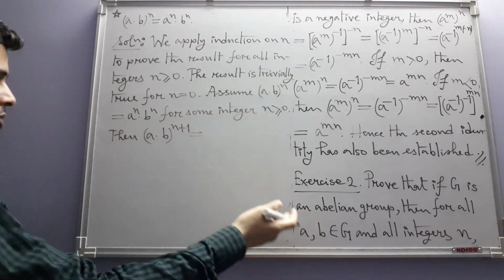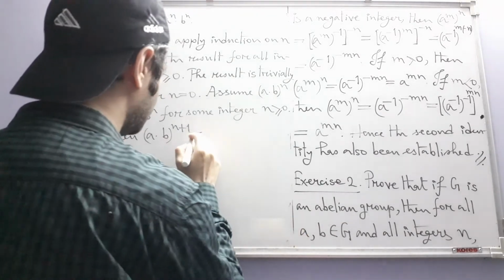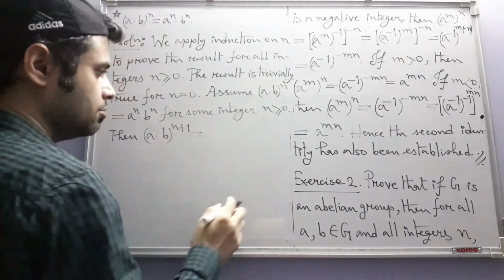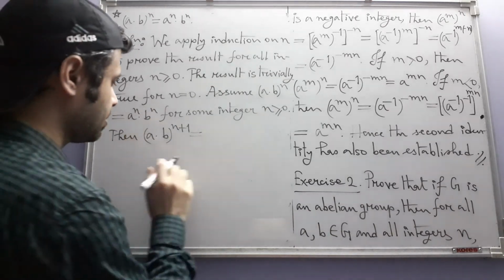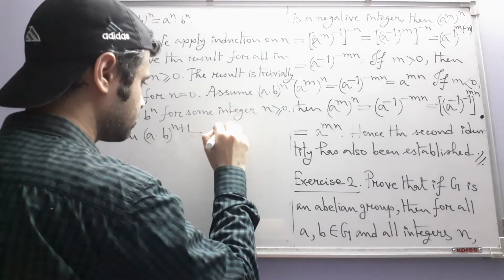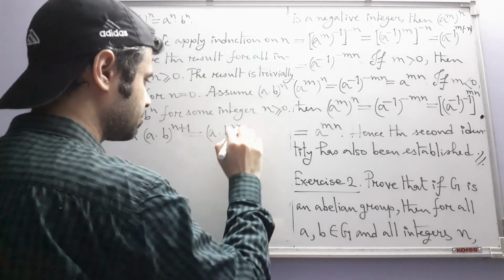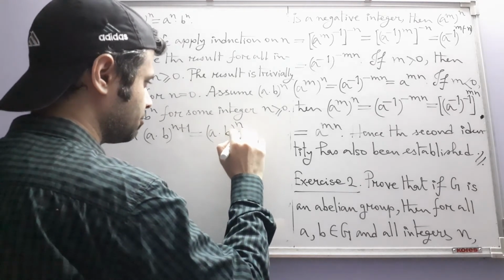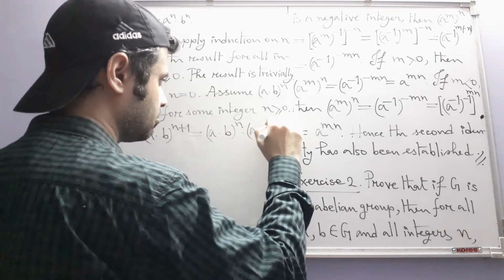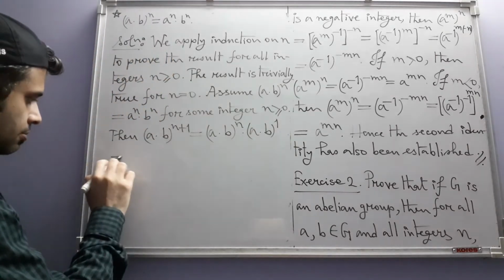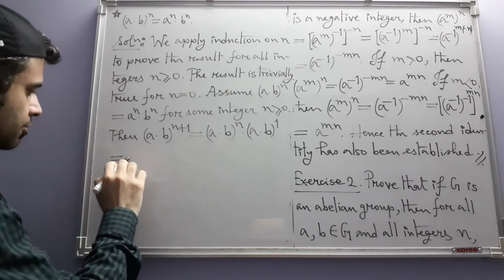Then you can either use one of the laws of exponent, or you can use the definition of integral power to write it like this. Let us use the law of exponent, that will be better. This, the first law of exponent.